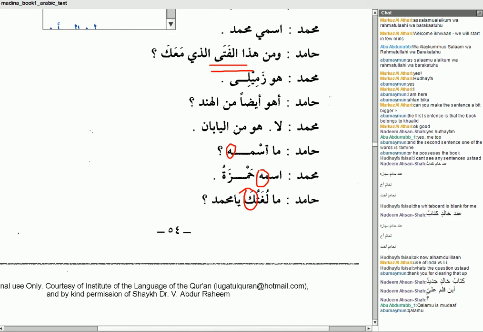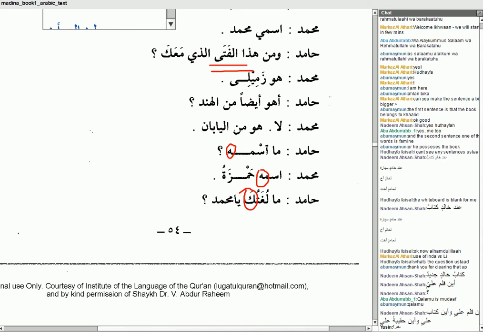You guys remember the word? نعم. أين حقيبة علي. Okay, here you go. Now Daftar means a copybook or notebook. أين قلم علي, وأين كتاب علي, وأين حقيبة علي.